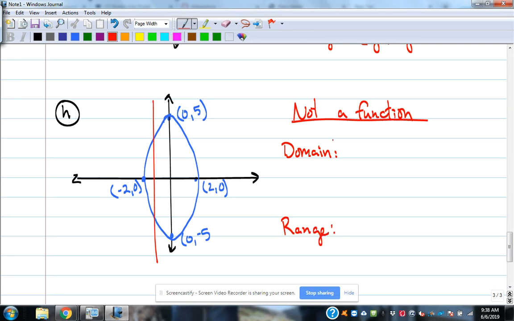Okay. Now, if we talk about domain, we're going to read it from left to right. So if I'm reading from left to right, what's the first x value that I encounter? -2. So my domain is going to start at -2, and then what's the furthest one to the right? +2 there, right?